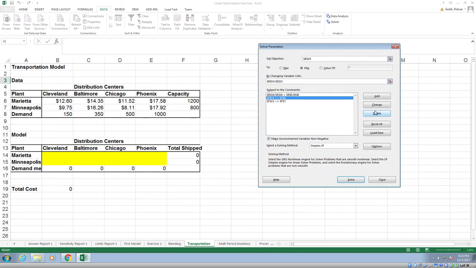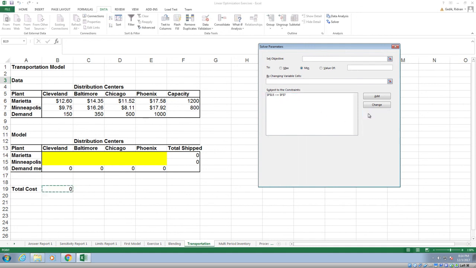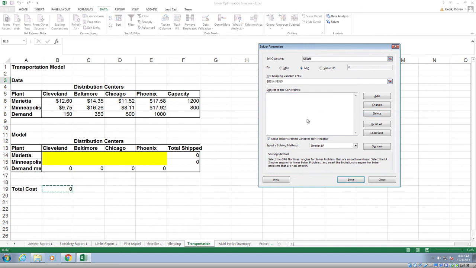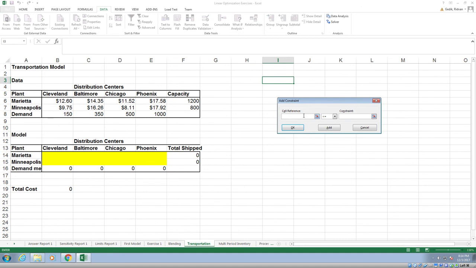Well, okay, let's do this together in order to prevent any confusion. Here I have to make sure that whatever I send to my distribution centers must be equal to whatever they request, and whatever I'm shipping out of my plants should be less than or equal to my capacities.